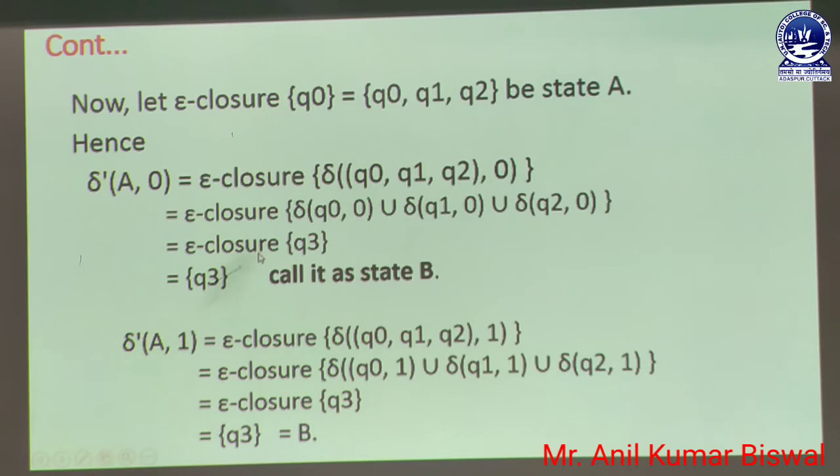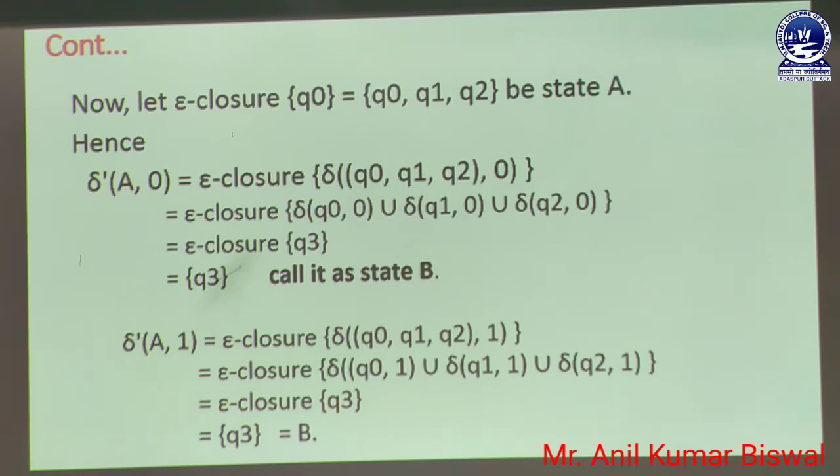Now let the epsilon closure of Q0, which contains the states Q0, Q1, Q2, be a state A. That means we are considering Q0, Q1, Q2 as state A. So whenever the user says state A, that state is a combination of Q0, Q1 and Q2.